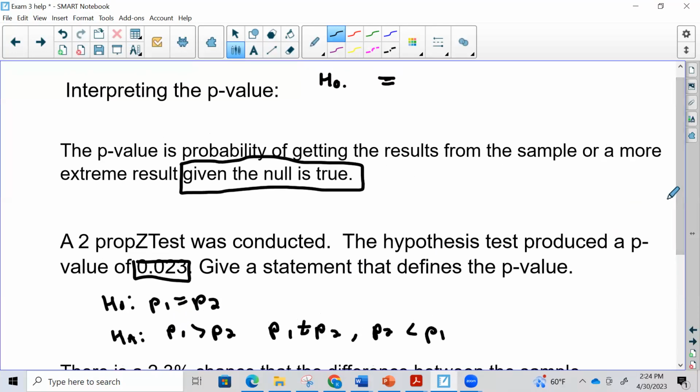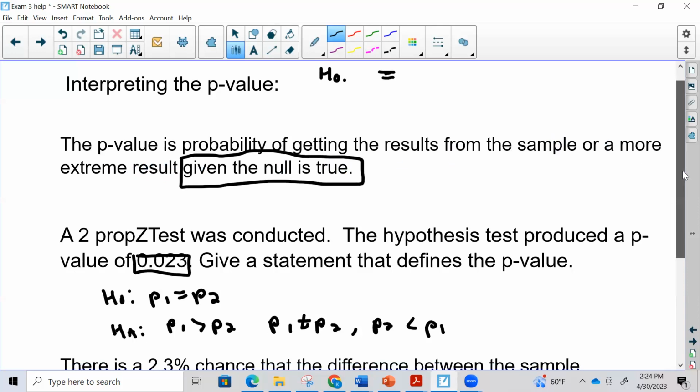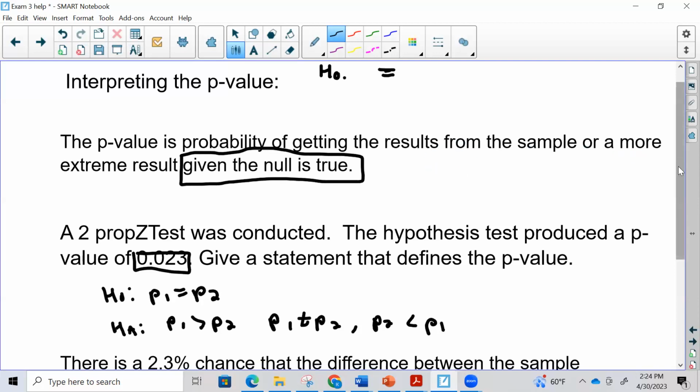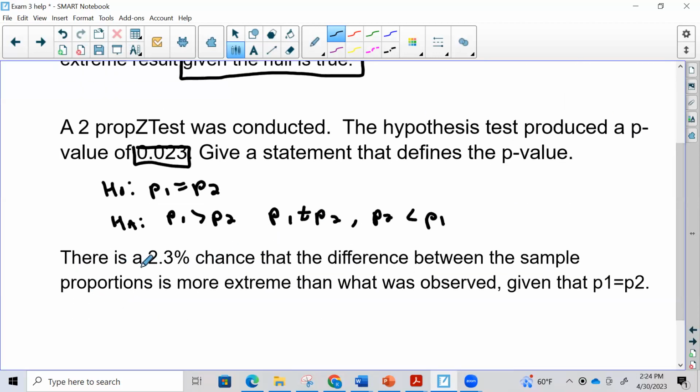So if I'm interpreting this, what I'm saying is that this 0.023 is the probability of getting the results from this sample or more extreme, given that the null is true. In this case, I don't have the sample, so I'm going to use this wording. I would say something like there's a 2.3% probability that the difference between the sample proportions is more extreme than what was observed, and that's the data we're collecting, given that p1 equals p2.